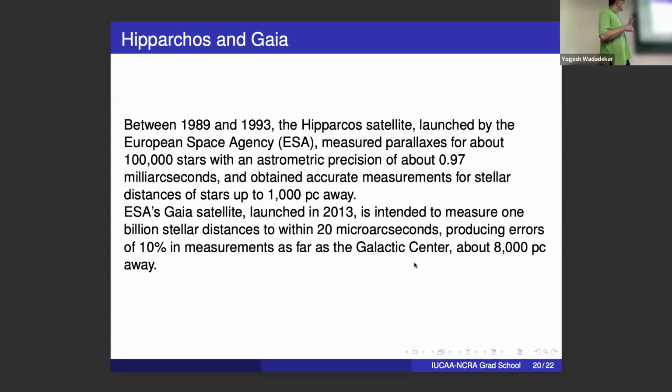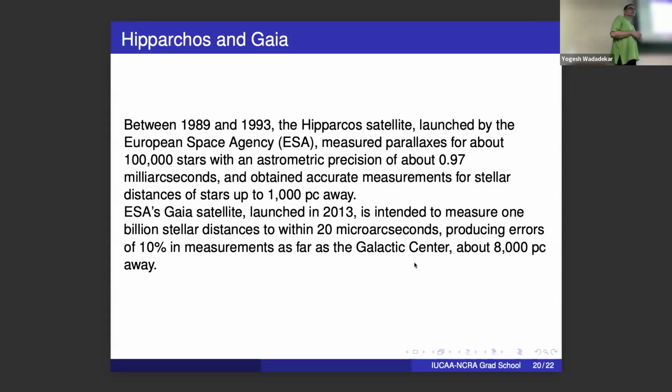Now, I forgot to mention here, a parsec is approximately 3.26 light years. So if you go to 10 parsecs, then you're going to about 35 light years. And there are only maybe about a dozen or a few dozen stars within that distance.